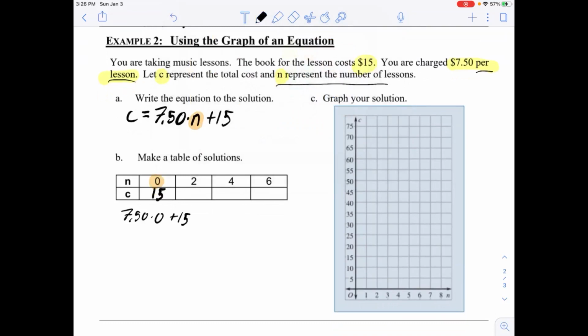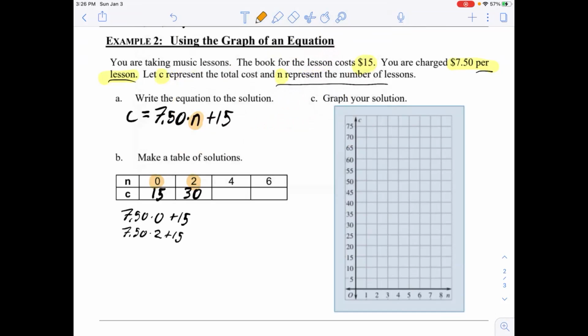Okay, now I need to figure out what would happen if I have 2 lessons. In that case, I would do 7.50 times 2 plus 15. 7.50 times 2, I can do on my calculator, that gets me 15. 15 plus 15 is 30.